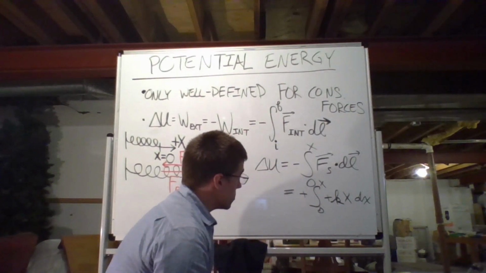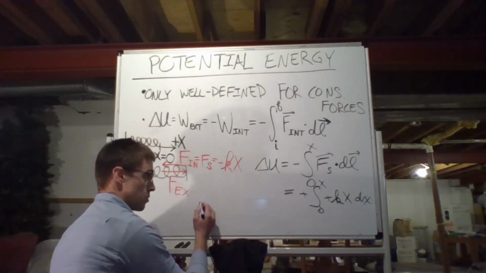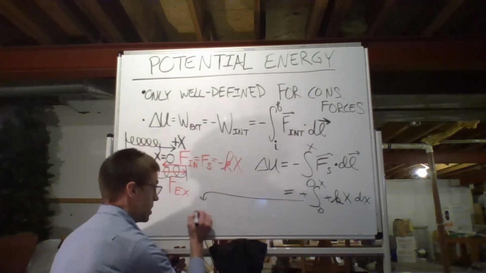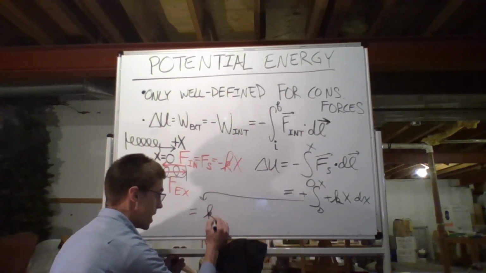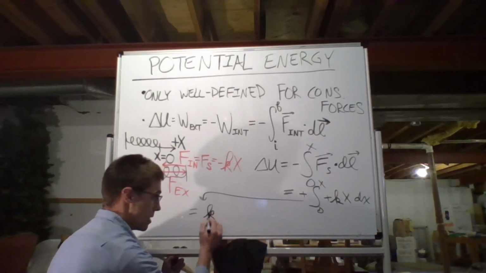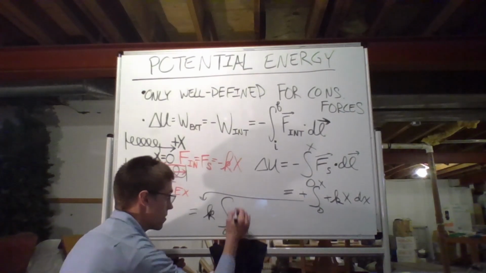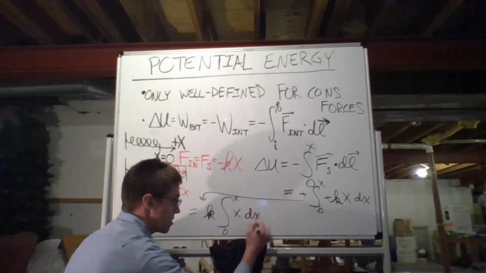I can then do the integral if I have a little more board space, so let's move this back over here. I can pull k out front because k has no dependence on x. It'll be the integral from 0 to x of x dx.